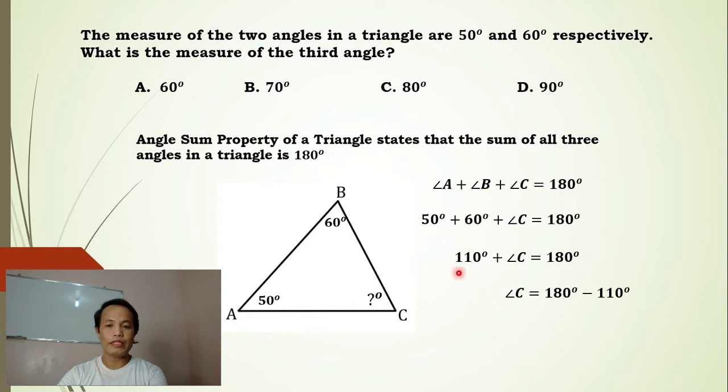So we can cancel this out. What remains at this side is the measure of angle C. So the measure of angle C is equal to 180 degrees minus 110 degrees, which is equal to 70 degrees. Therefore, our correct answer is letter B.